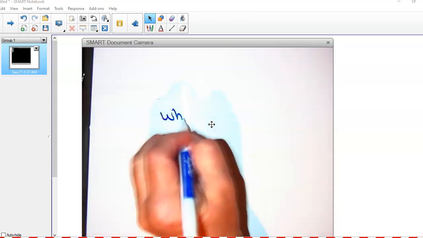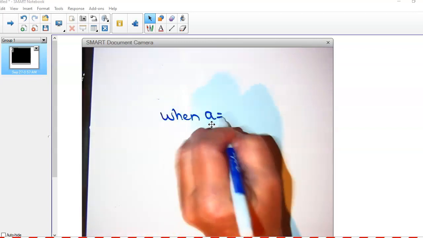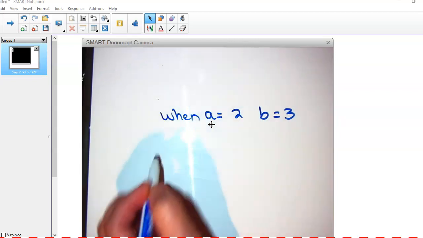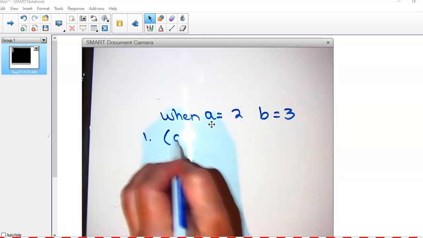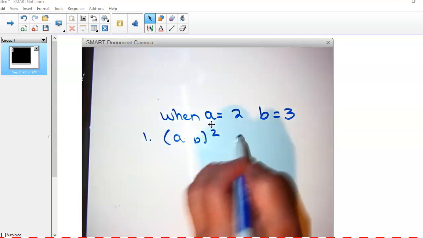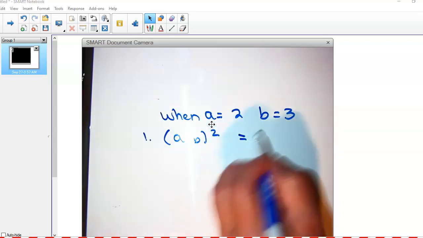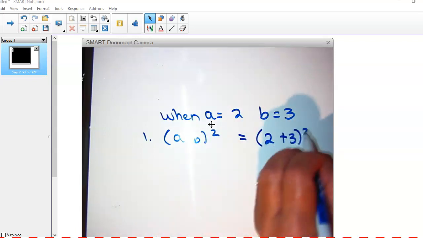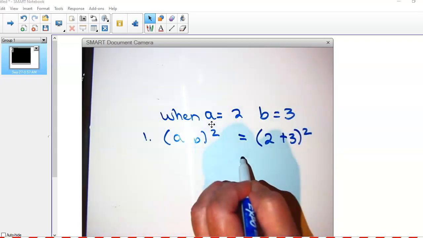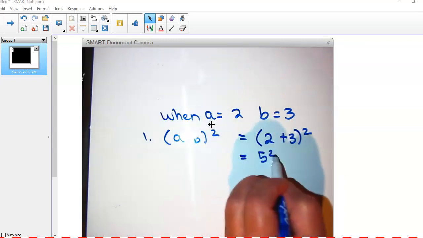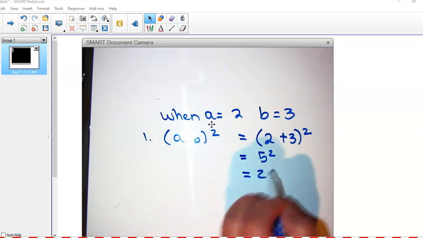Next one, we're going to evaluate when a is equal to 2 and b is equal to 3. So the first problem, (a plus b) squared. So we're going to substitute in a is 2, b is 3, and it says to the 2nd power. Inside parentheses, 3 and 2 is 5 squared, and that equals 25.